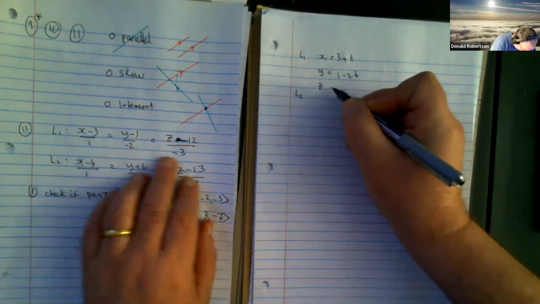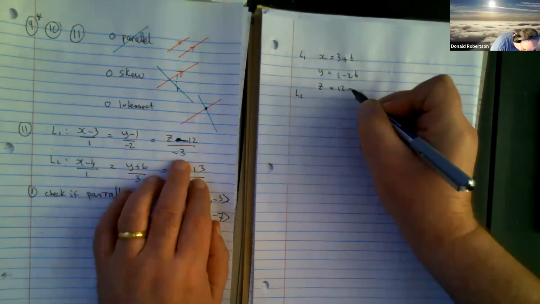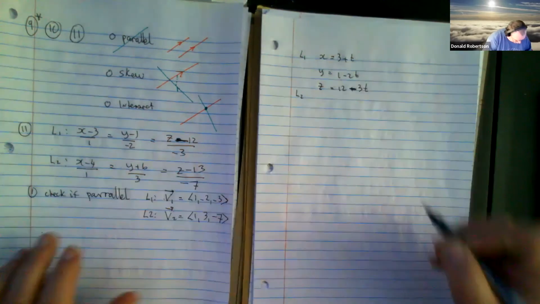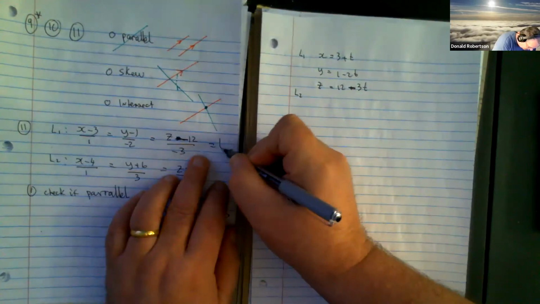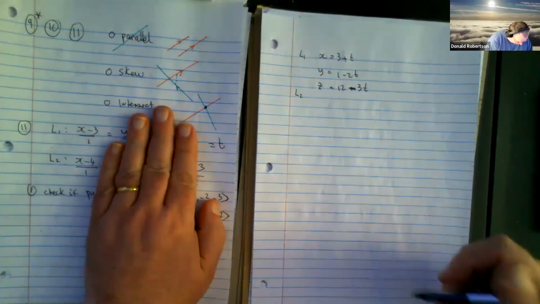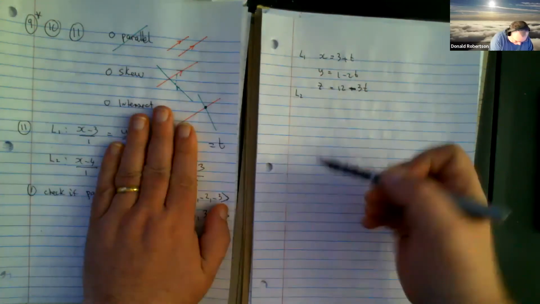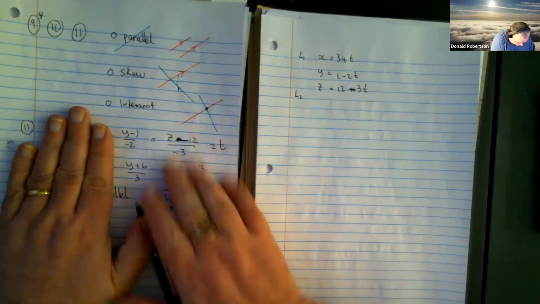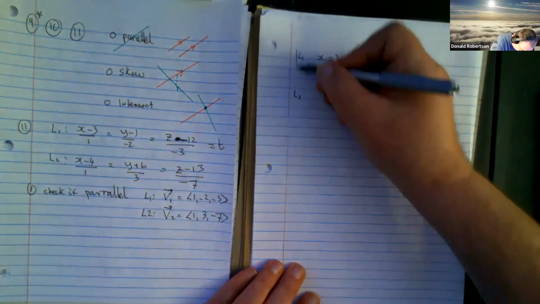And this third one, you get 12 minus 3t. Now, if you're wondering where I'm getting this all from, I'm just making it equal to t and solving, right? So cross multiply, add 3. Cross multiply, add 1. Cross multiply, add 12. So that's what L1 looks like.